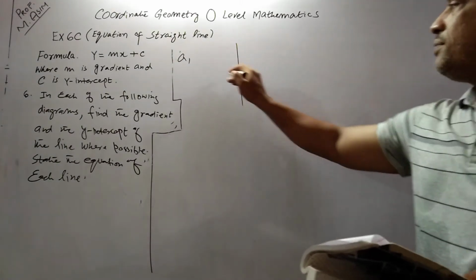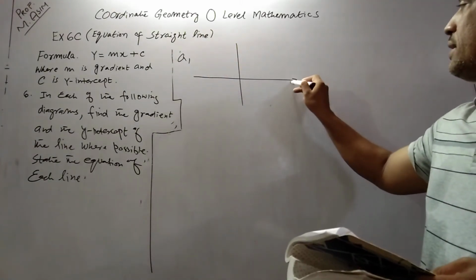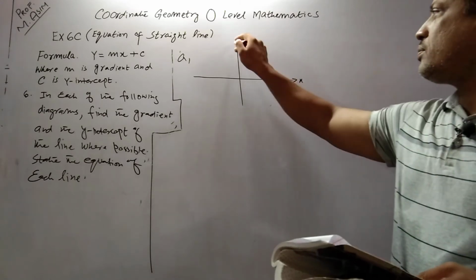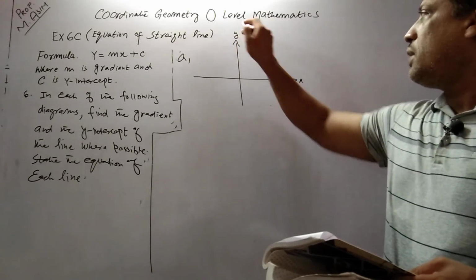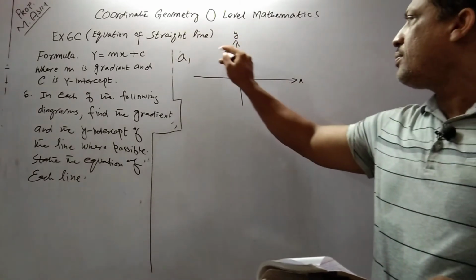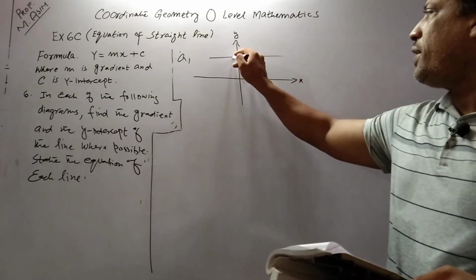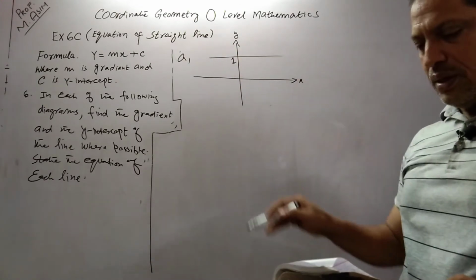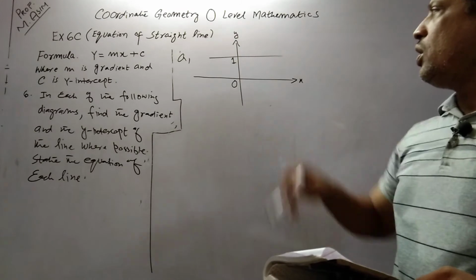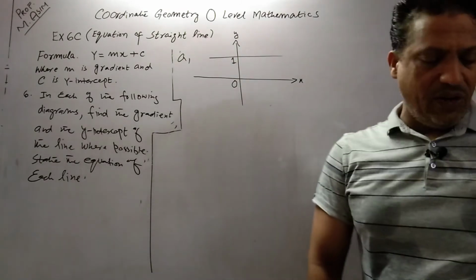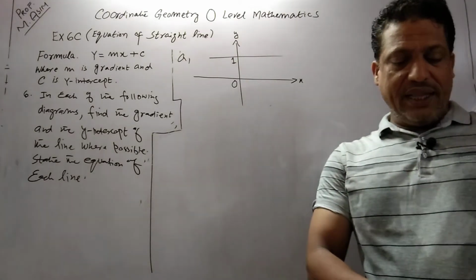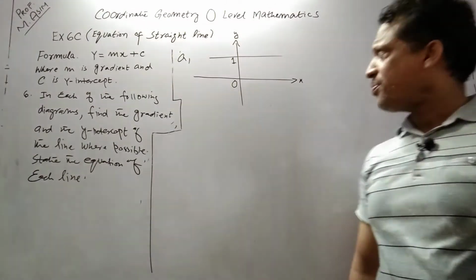Part A. The diagram given, this is the x-axis, this is the y-axis, and this point is 1, and this is the origin. Origin means where the value of x is 0 and the value of y is 0.